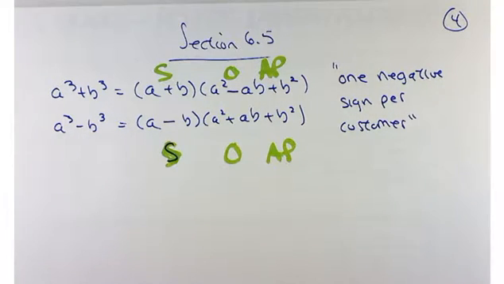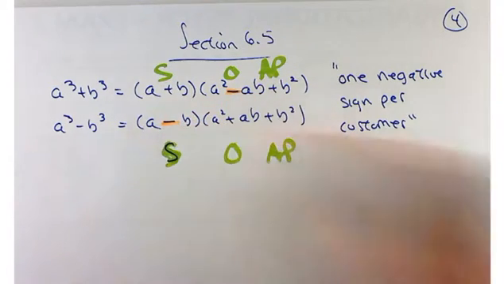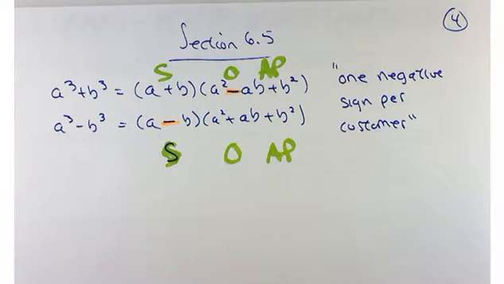If you look at these formulas, each of them has exactly one negative sign. So if you accidentally write something down that has two negative signs or no negative signs, there's a mistake.